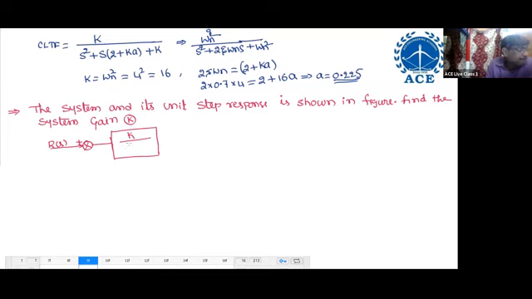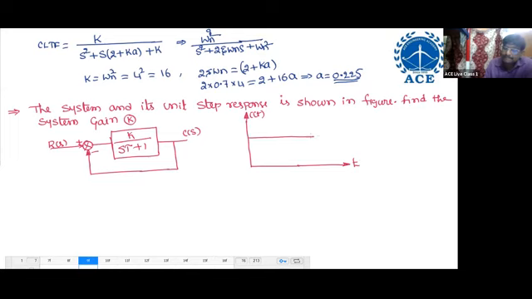K by S tau plus 1. Right. Come on, do it.